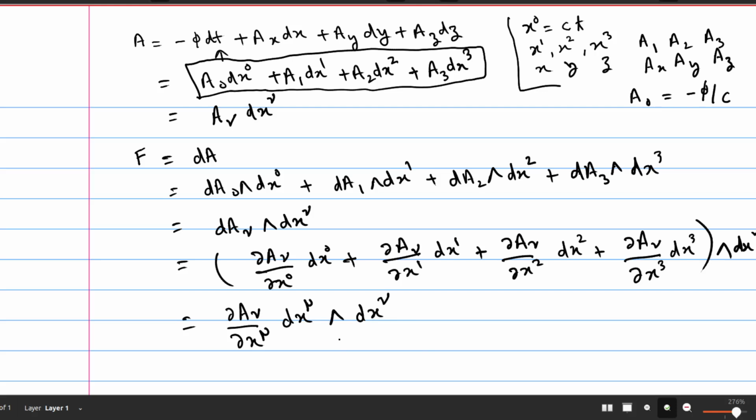Now since the wedge is an antisymmetric product, we can also write this expression as 1/2 times del A nu del x mu minus del A mu del x nu, and dx mu wedge dx nu.